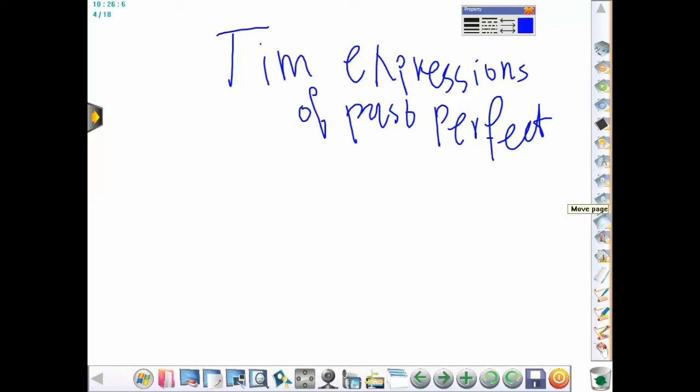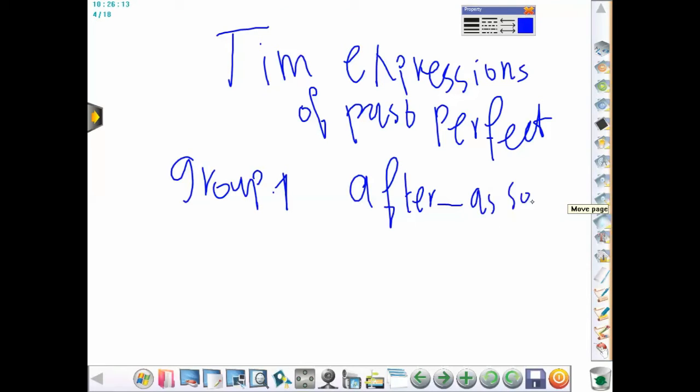Group number one, it's going to be after, as soon as. After, as soon as, okay? Both of the keywords here start with letter A. So I say after, as soon as.